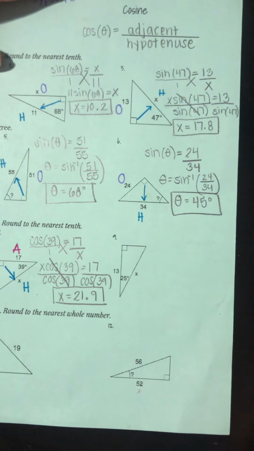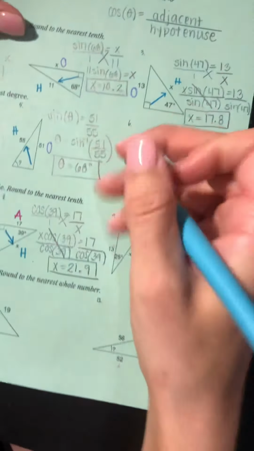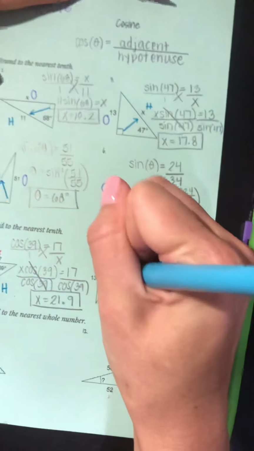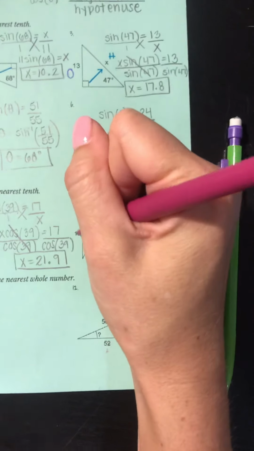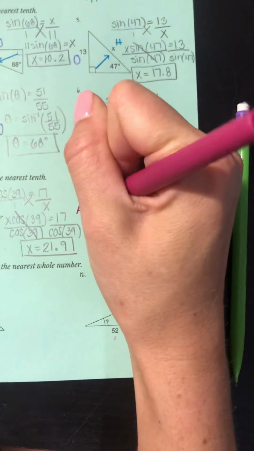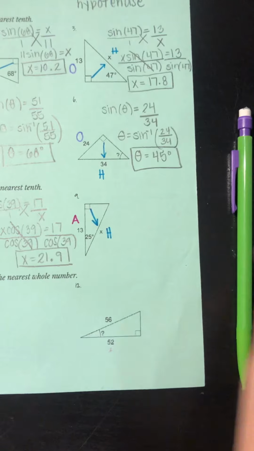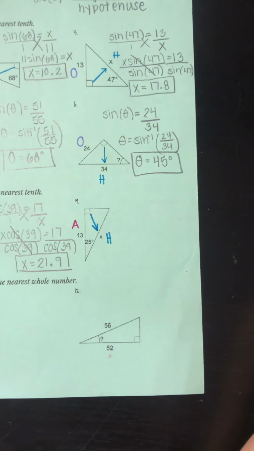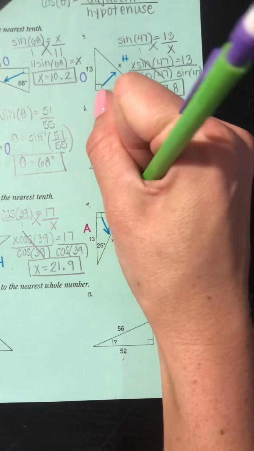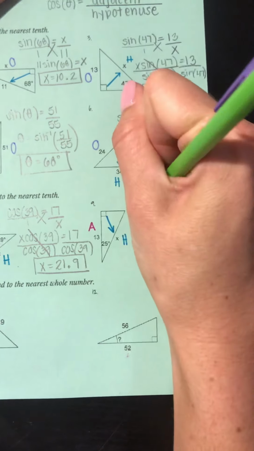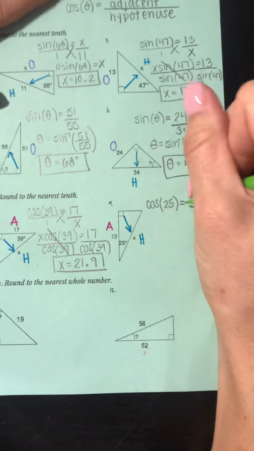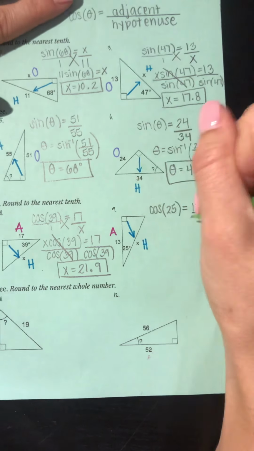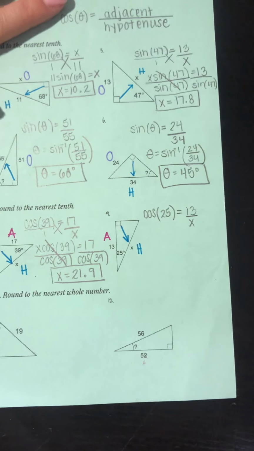So then again, for this one, we're still using cosine. So this is our hypotenuse. And 13, that's adjacent to theta. So cosine of your theta, 25, equals the adjacent over the hypotenuse.